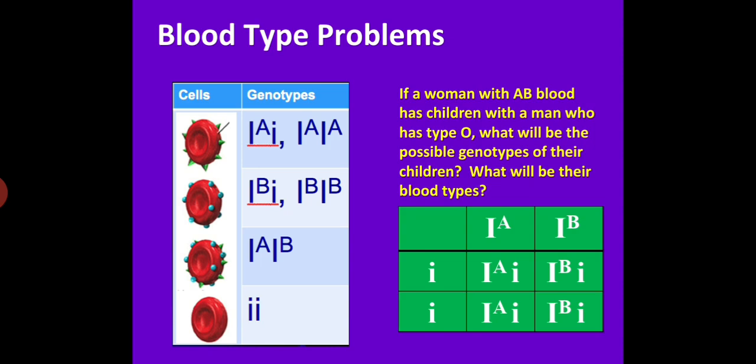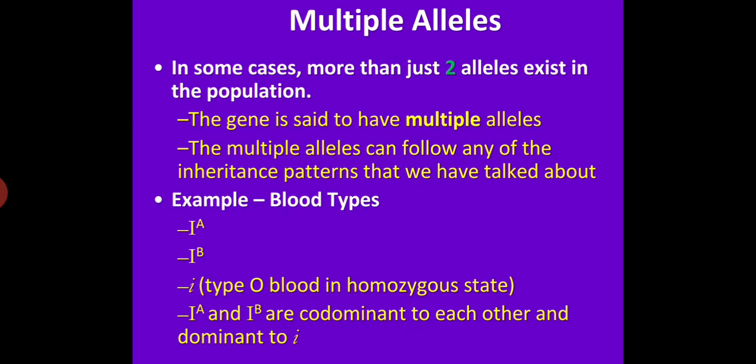Multiple alleles. When more than two varieties exist, we call them multiple alleles. In some cases, more than just two alleles exist in a population.